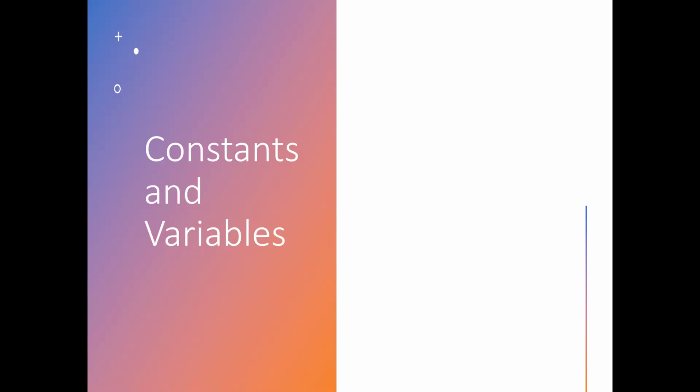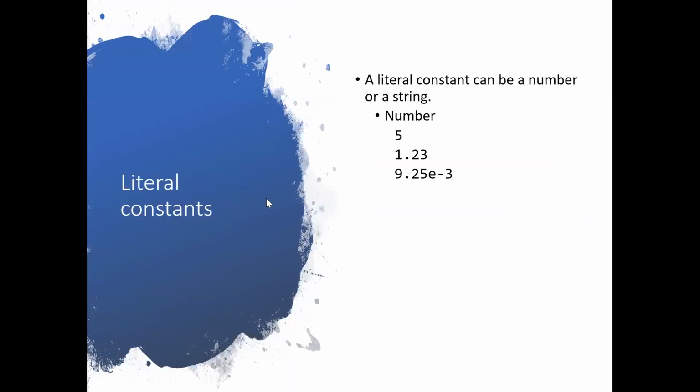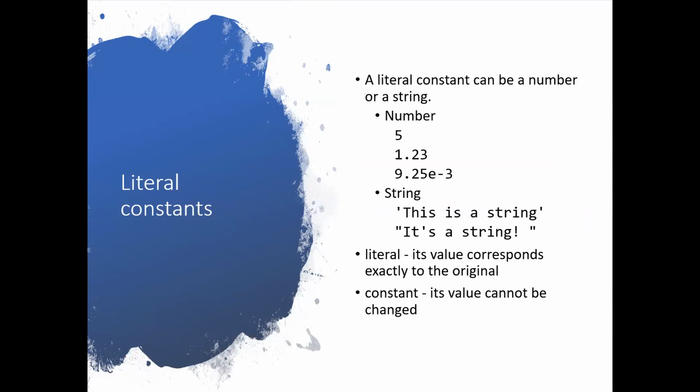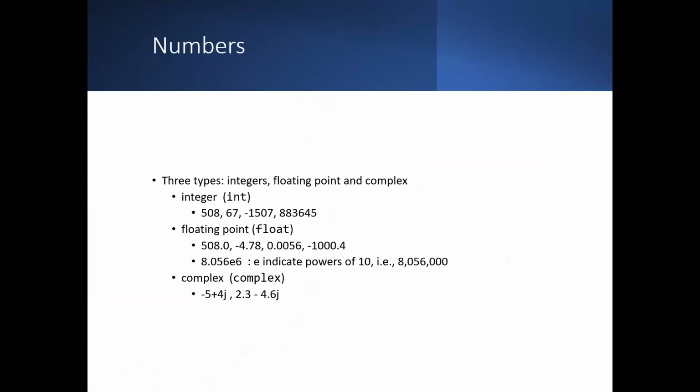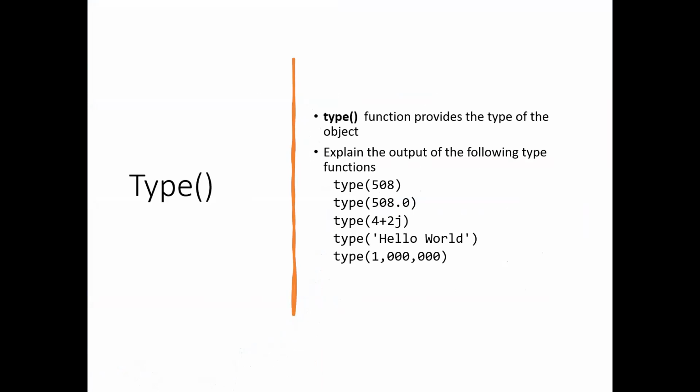It depends on the Python interpreter. So that's what we learned in the very beginning, the different data types: integer, float, as well as complex type, and to check that we use the type function. I'll be using this, so you'll be familiar if you did not attend the previous sessions.